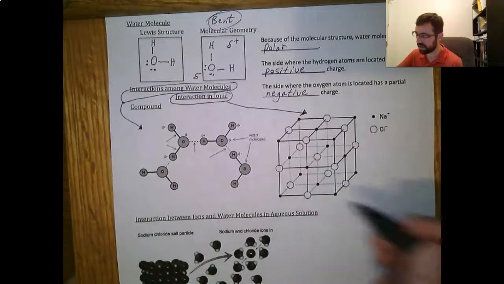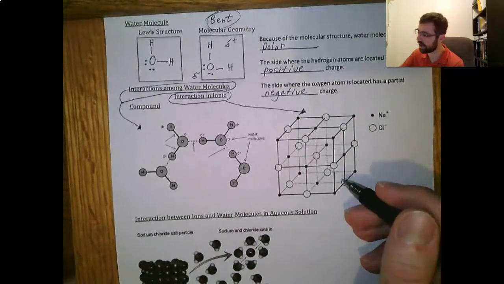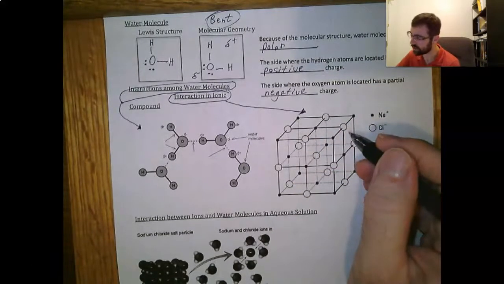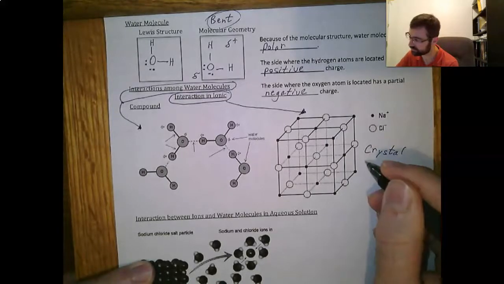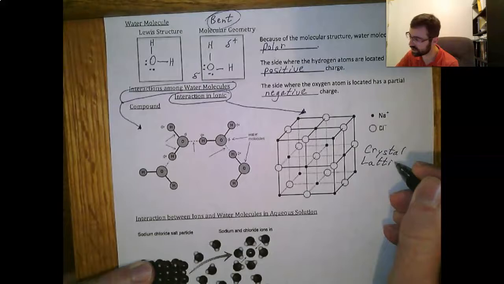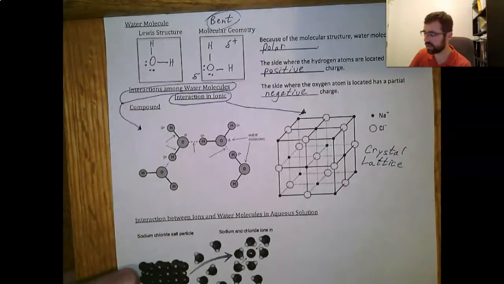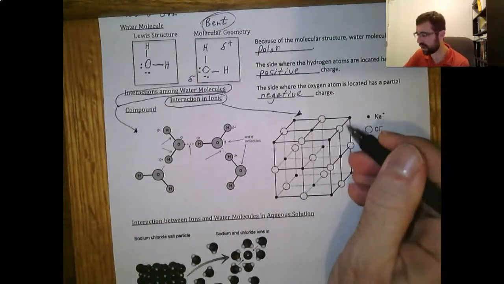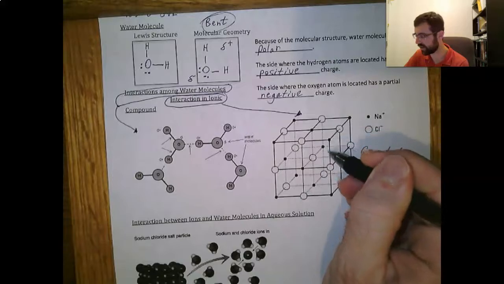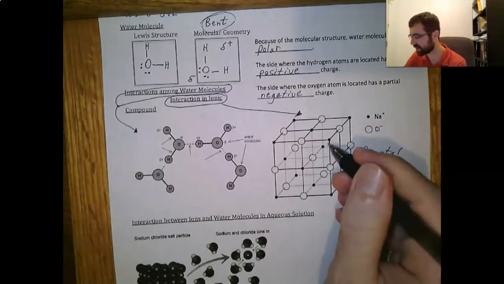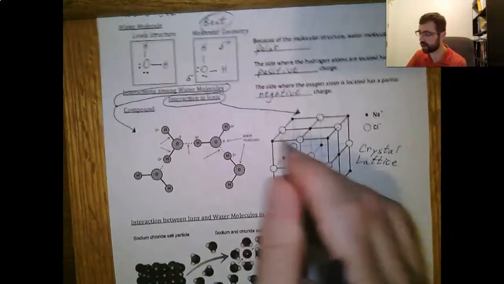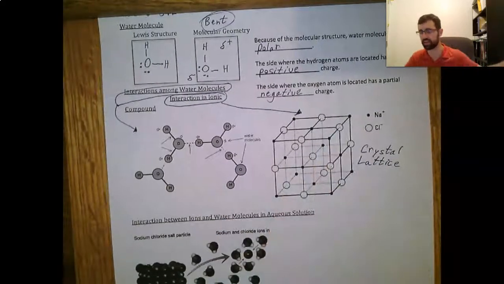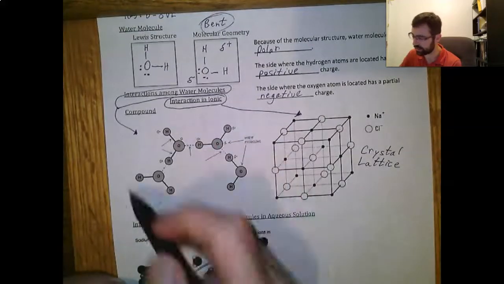And this is just one way of showing this. We have something called a crystal lattice structure. We talked about this in bonding. It's a repeating structure of positive, negative, positive, negative, and it goes on and on, alternating charges in this expanding crystal structure. Water is a covalent compound.